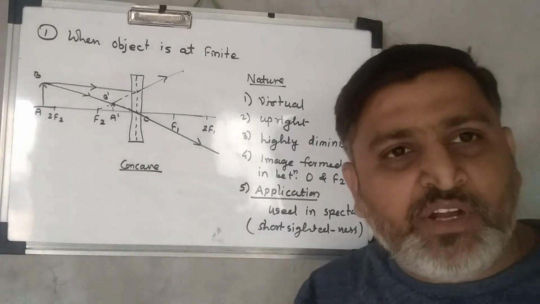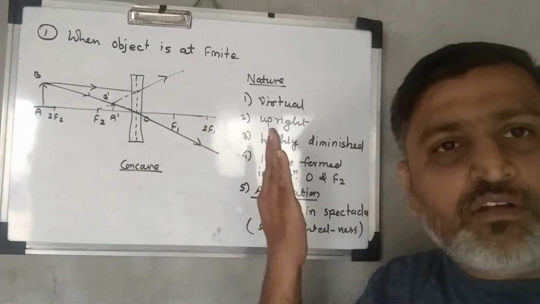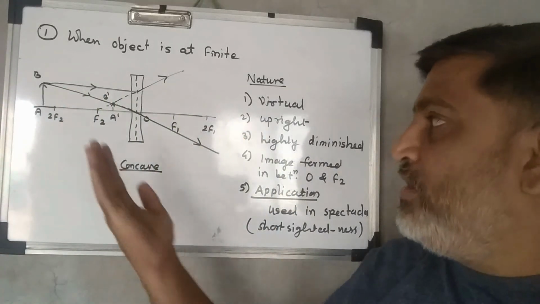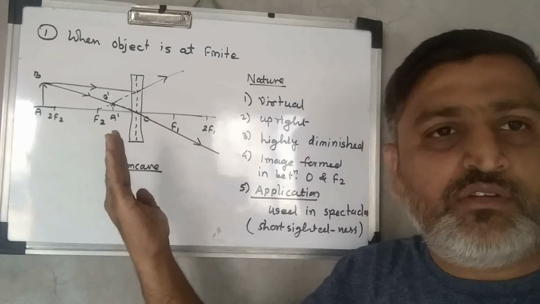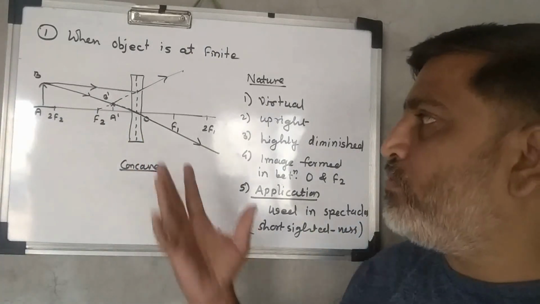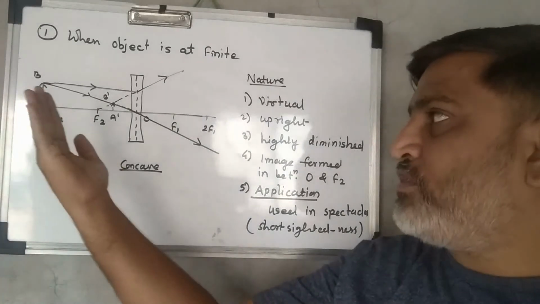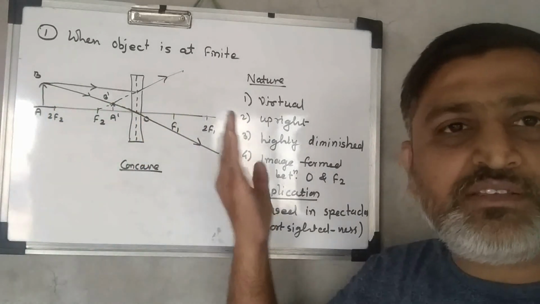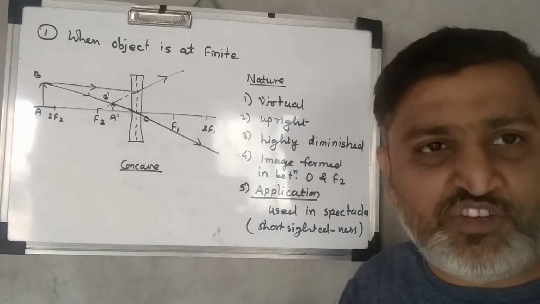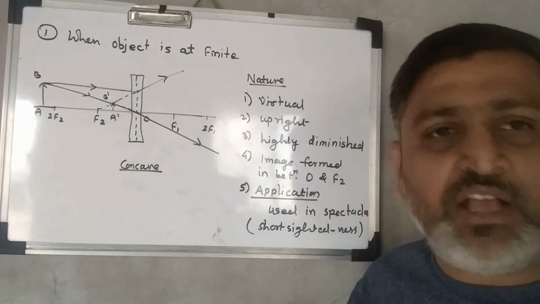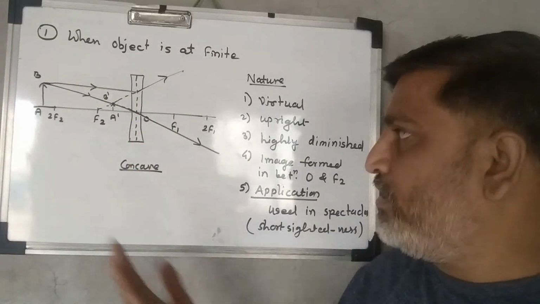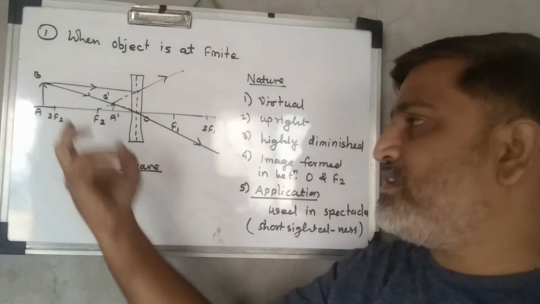So what happens if the object comes near to the lens? What about the image? The image also shifts toward the lens. This is the first thing. Second, what about the size of the image? As the object moves toward the lens, the size of the image goes on increasing, but it always remains diminished. It will never be bigger than the size of the object.